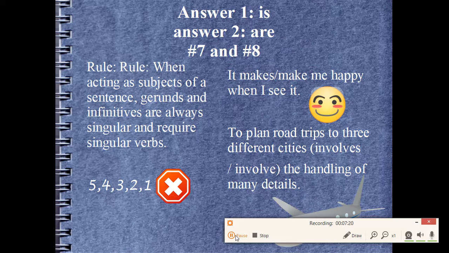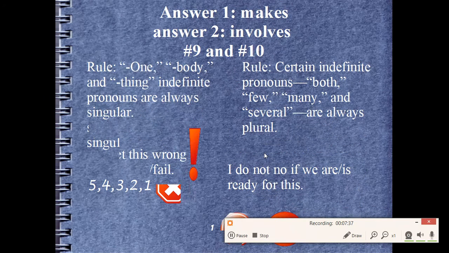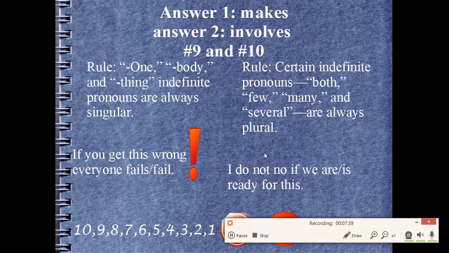Question 2. To plan road trips to 3 different cities involves or involve the handling of many details. 5, 4, 3, 2, 1. Answer to question 1 is makes, and the answer to question 2 is involves.